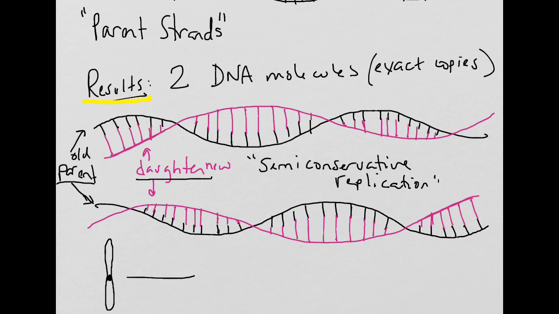And then when it goes through replication, you end up with two exact copies. They are joined to each other with those centromeres. Okay. And then we call this a duplicated, or replicated, either one, duplicated chromosome.